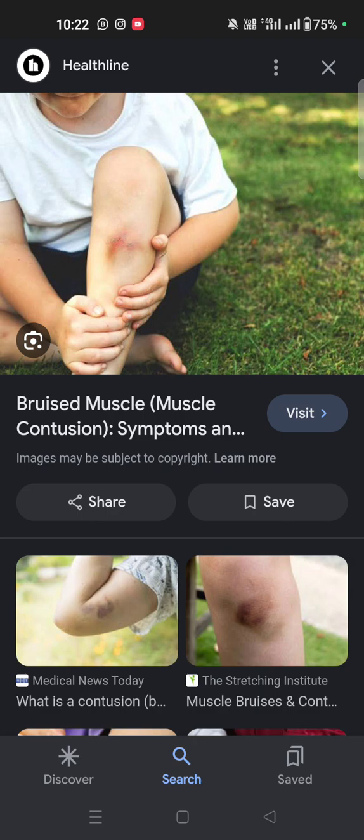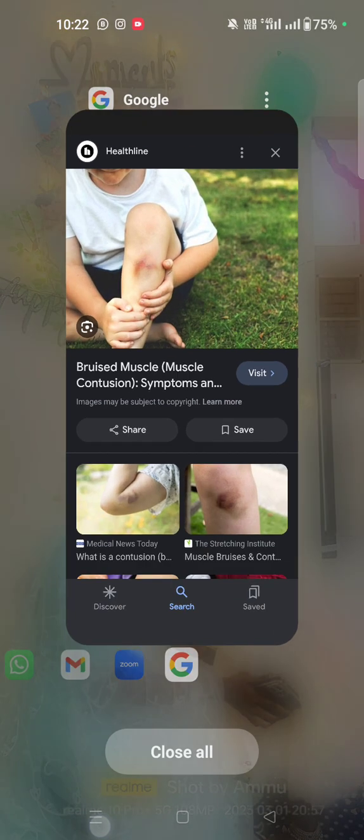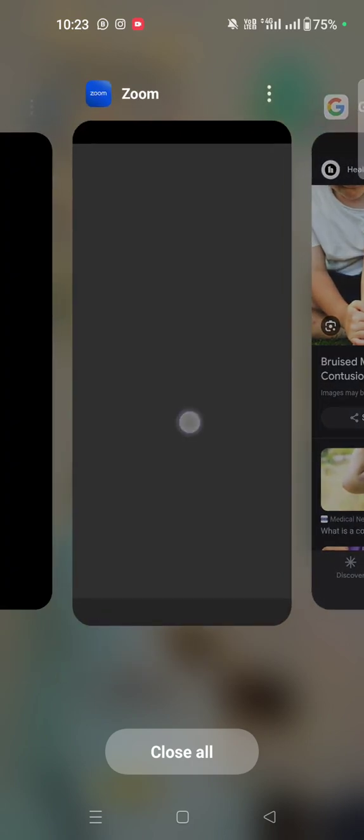It happens whenever kids are playing. These are bruised muscles. A muscle bruise results from a blow to the muscle, for example to the knee. You can see the swelling, pain and tenderness. After a few days the skin in the area may be discolored.